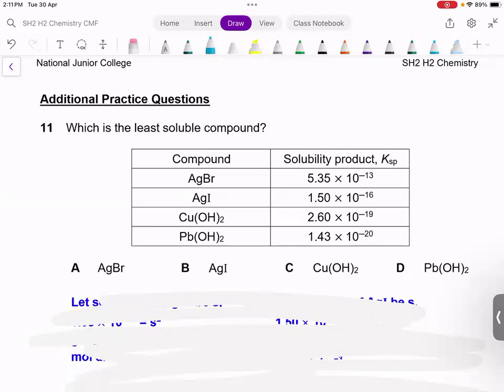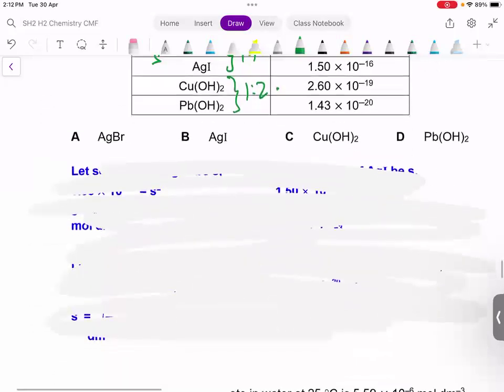Yes, you need. Why do you need to do calculation? Yeah, so first two is 1:1, but the last two is 1:2. Okay, so therefore you need to calculate what is the solubility of each solid. Then you can make a fair comparison of which one is the least soluble. All right, so question 11, you have to calculate the solubility.